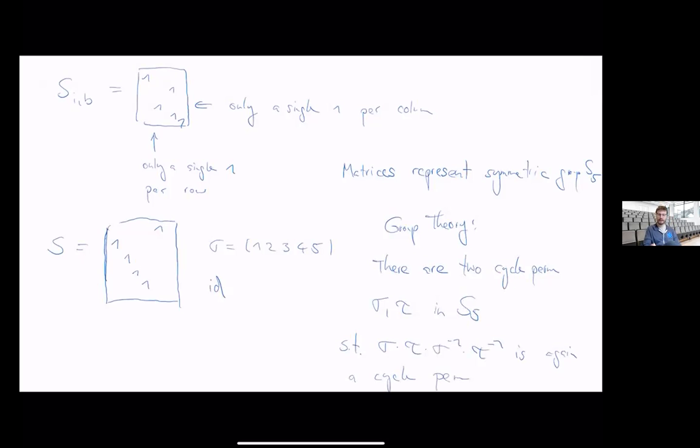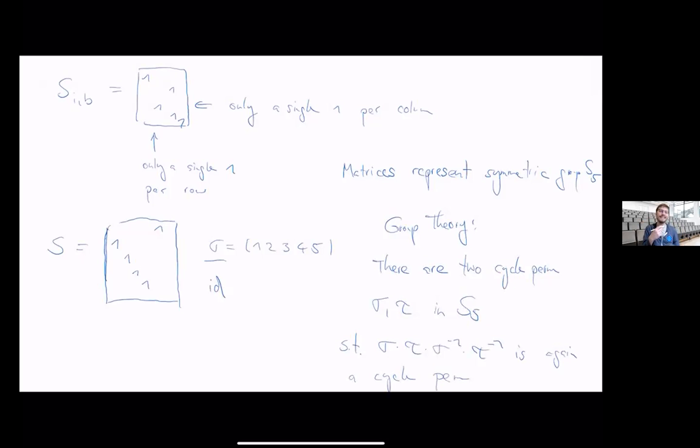The sigma I defined up here is just the most basic cycle. But a cycle could also be of the form 1 maps to 3, 3 maps to 5, 5 maps to 2, 2 maps to 4, and 4 maps to 1 again.